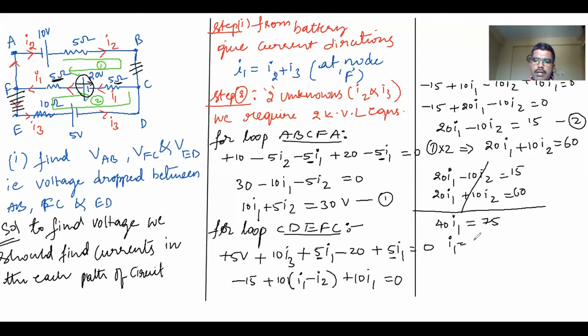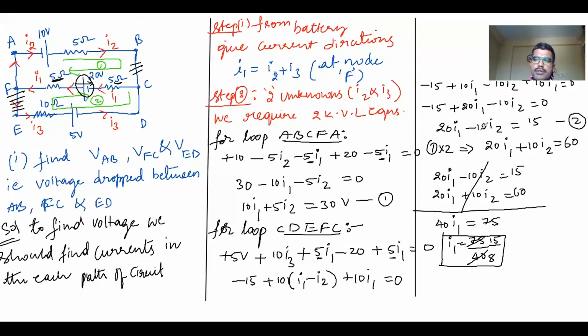So I1 is equal to 75 divided by 40. You can cancel this with 5. 5 8s 40 and 5 15s 75. So I1 is equal to 15 by 8.